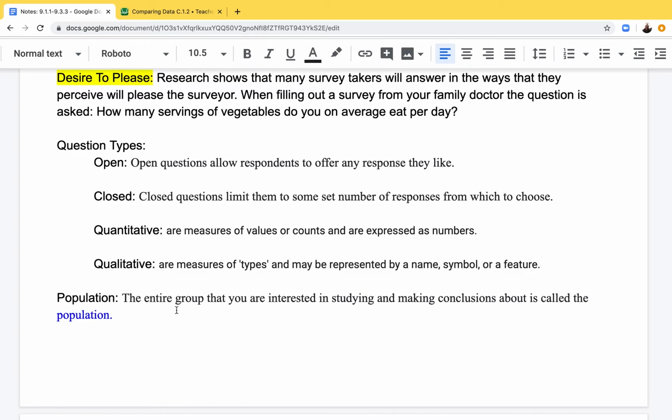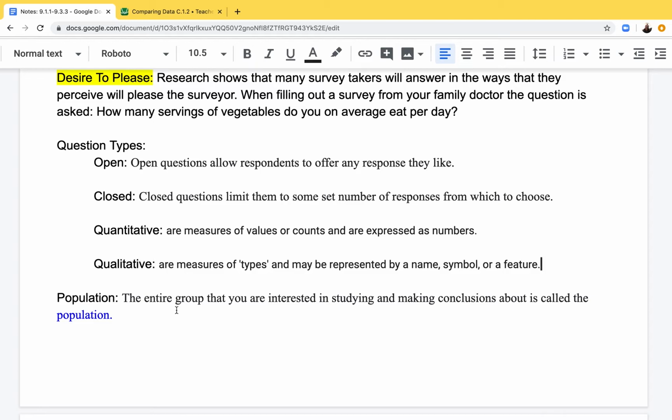Now, a closed question might say, from this list of 10 sports, which is your favorite? And it would limit them, like a check sheet or a multiple choice type of question where the people have to only answer from a limited set of responses. There's advantages and disadvantages to both. I hope you thought about that a little bit in the Desmos activity.